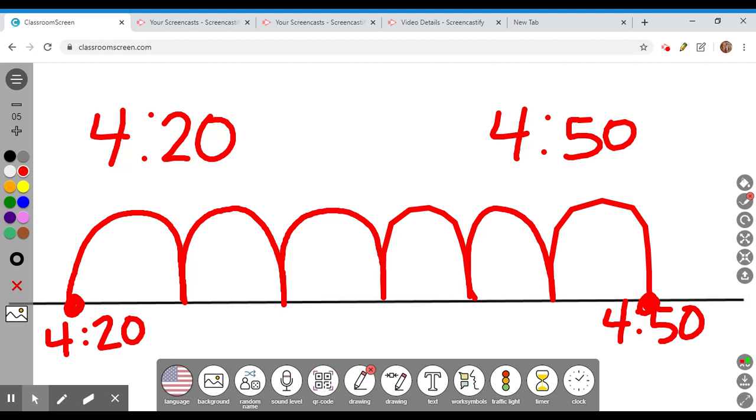So once I've done that movement on the number line, now I'm going to go back and count how much time passed on the number line. So we know each hill is worth 5 minutes. So we're going to go back now and count the time in our hills. Remember, each hill represents 5 minutes. We're not counting this time the points on the number line. We're counting the passage of the time, which is in the hills. So we've got 5 minutes in the first hill, 5 in the second hill for a total of 10.